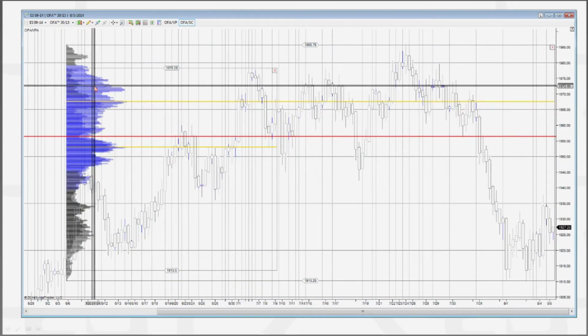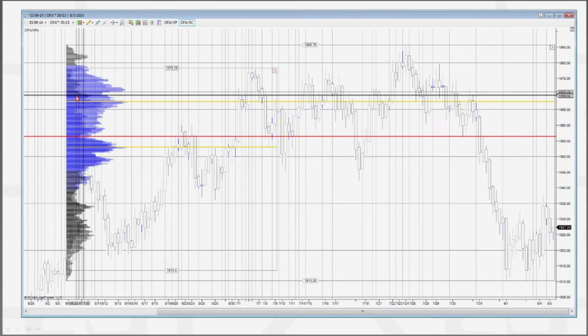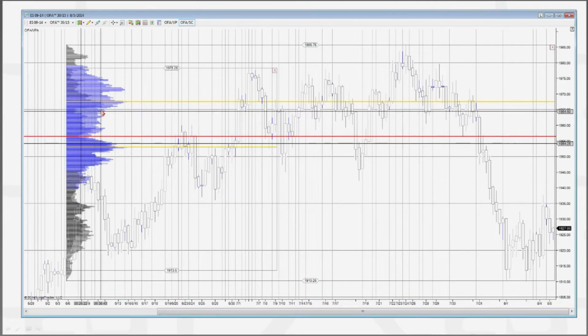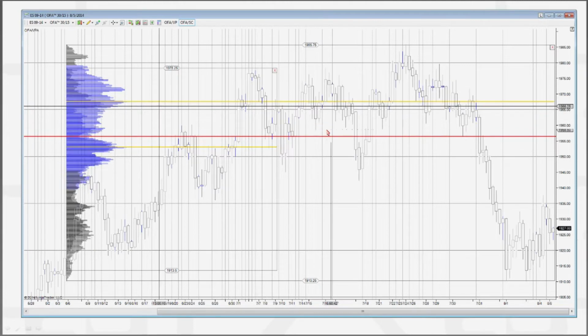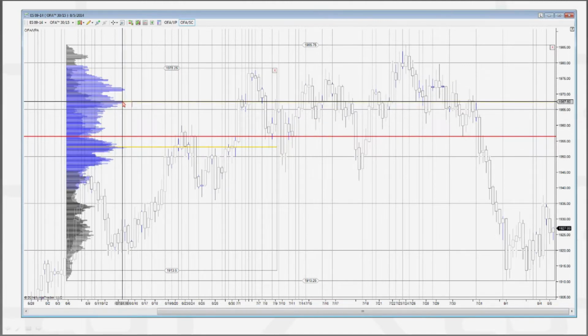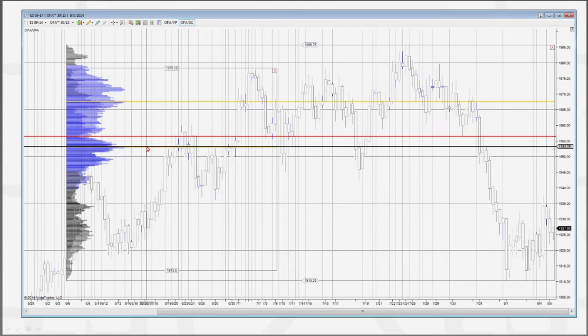And what you can see in the overlay, the previous one is this darker area, of course, but what you can see in the overlay is, as price starts moving down, I have VPOC up at 1967.25, whereas on the way up, it was at 1953.25.